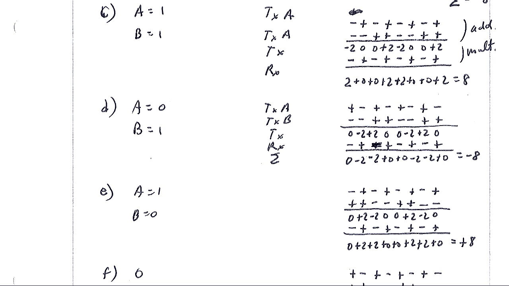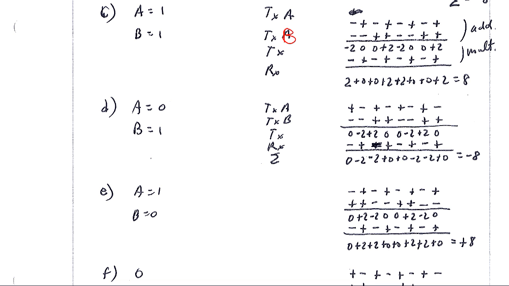So now we have 2 users transmitting. This is actually supposed to be B here. We have 2 users transmitting, and so what goes through the air is their sum. Okay, and so now the possible values are negative 2, 0, or plus 2.